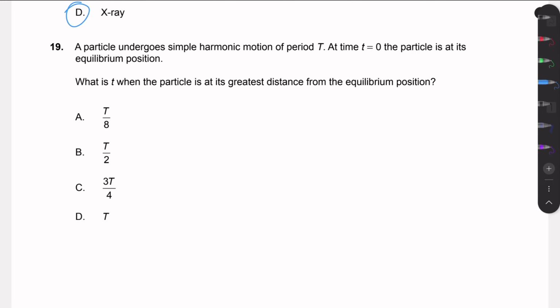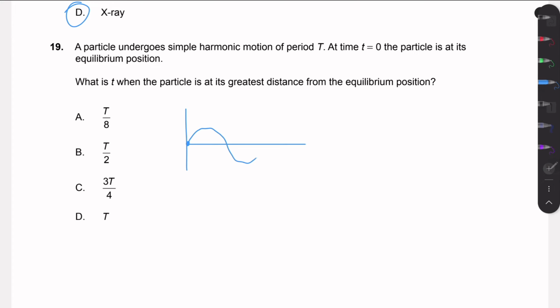And then here we are told that a particle undergoes simple harmonic motion of period T. At time t equals 0, the particle is at its equilibrium position. What is the t when the particle is at its greatest distance from the equilibrium position? So we know that simple harmonic motion is a sine or a cosine graph, but we are told that at t equals 0 it's at equilibrium.